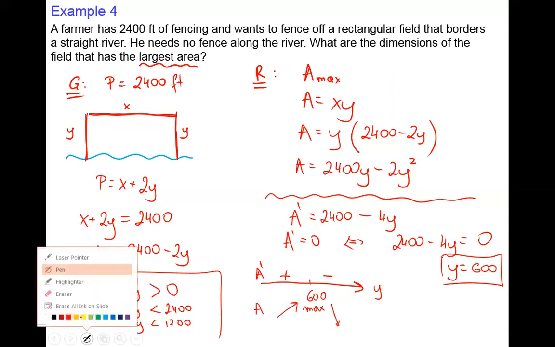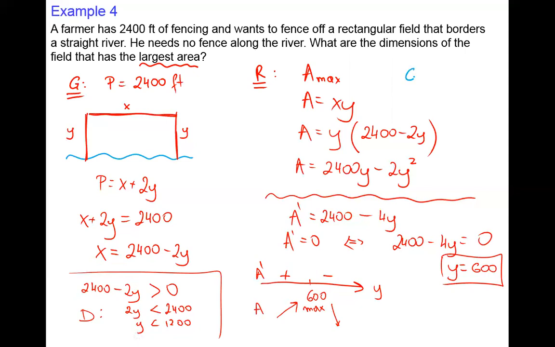That means dimensions are 600 by, and we have to compute x. X is this. That means 2 times 600 is 1200. 2,400 minus 1200 is actually 1200. Okay, that means the y is 600 and the x is 1200. Okay? That's the dimension of the largest area.